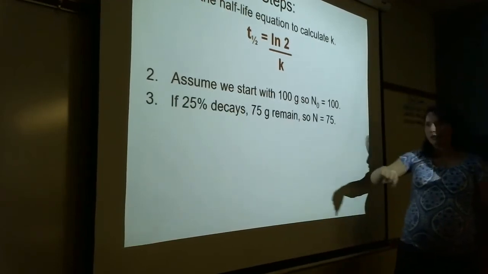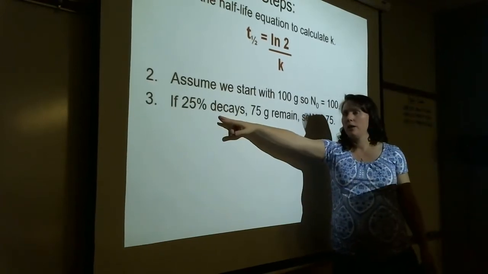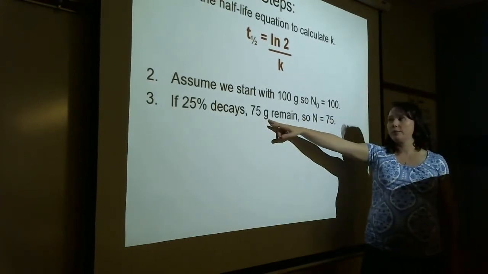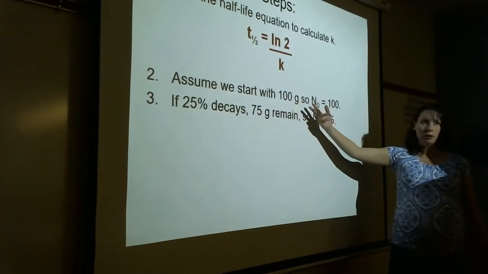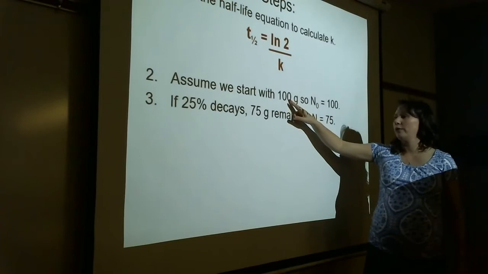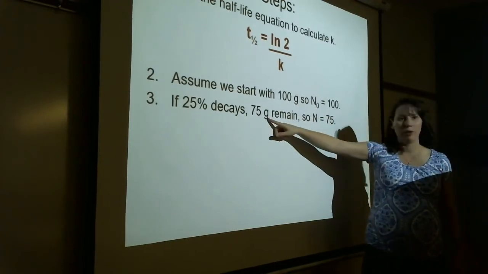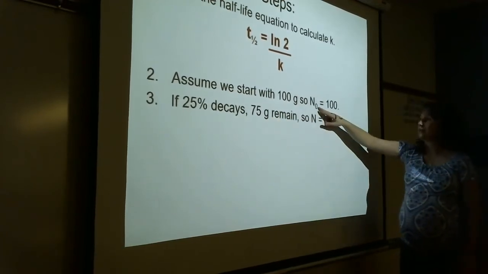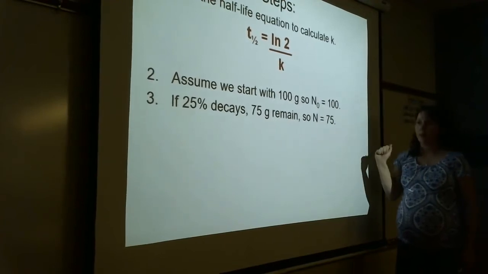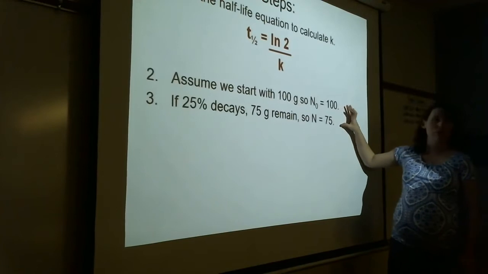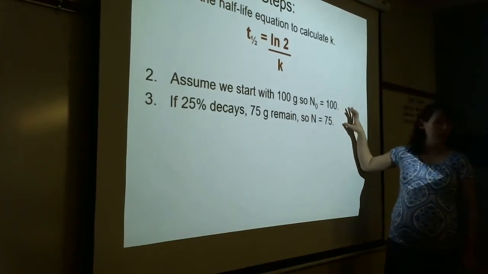If 25% of it decays, well, that means that 75 grams remain, right? Because what's 25% of 100? 25 grams, right? So 25 grams go away. That means 75 grams are left. So N sub 0, the initial mass, is 100. N is now 75. Does everyone see how we made these two numbers appear?